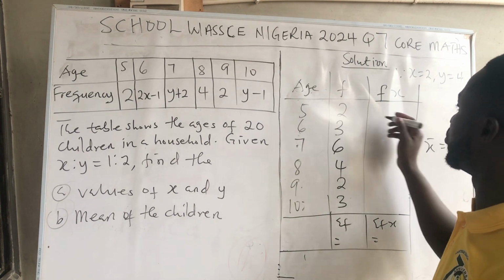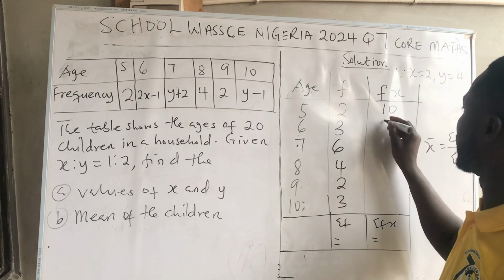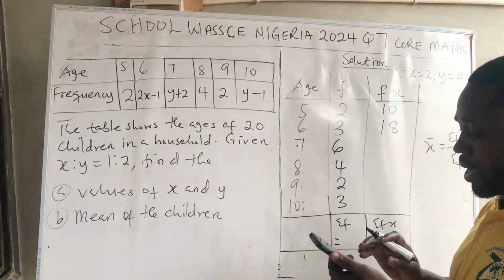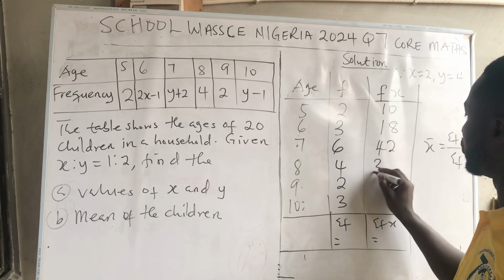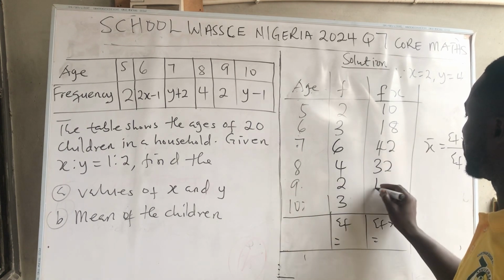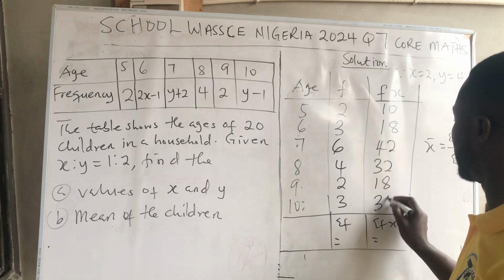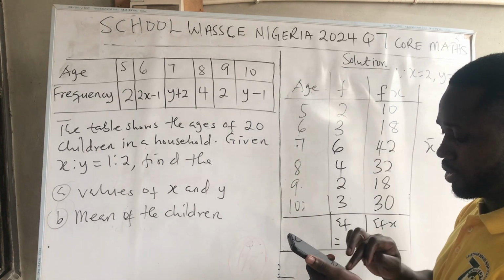So 5 by 2 will give us 10. 6 by 3 will give us 18. 7 by 6, 42. 8 by 4, 32. 9 by 2, 18. And then 10 by 3 will give us what? 30.